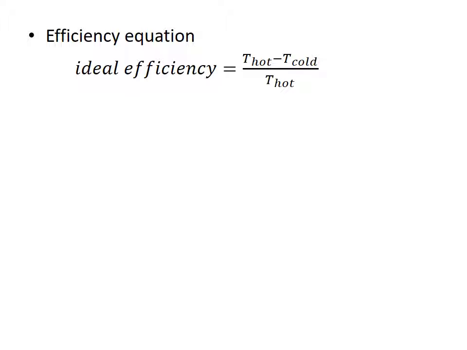Let's look at the efficiency of a heat engine. There's a nice little equation that goes with it. You take your hot and subtract your cold. Remember, I said on the previous slide that the efficiency increases the greater the difference between the temperatures of your hot and cold reservoirs. Then you divide by your hot, keeping in mind that we will be using the Kelvin scale.